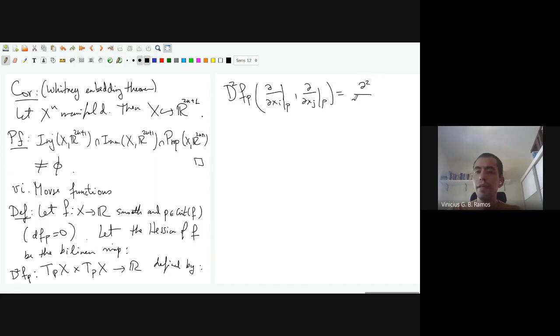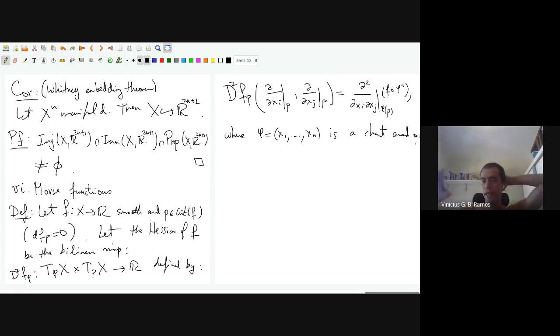So ∂²/∂x_i∂x_j at the point phi(p) of f composed with phi inverse, where phi is a chart around p. Okay, so you choose a chart, and then when you look in charts, you have a Hessian matrix or a Hessian bilinear map.